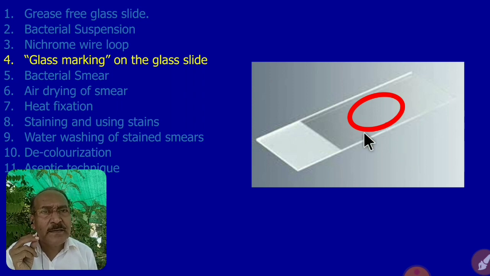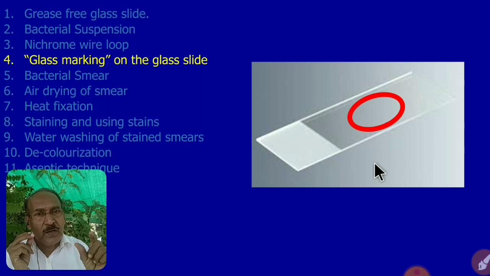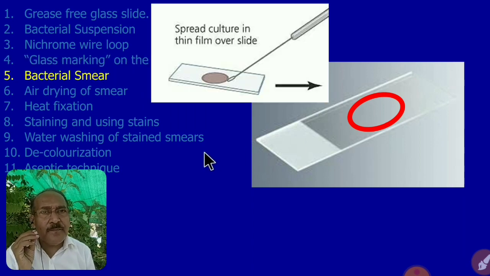This is a glass marking on the glass slide. Now if you prepare a smear and air dry that smear, where exactly you have put your bacterial suspension can be understood by looking at that glass marking on the glass slide.